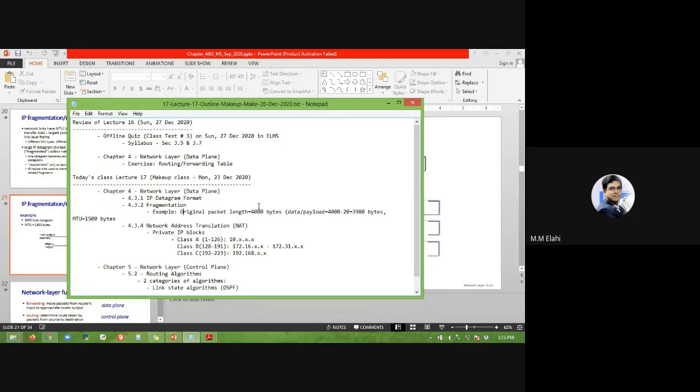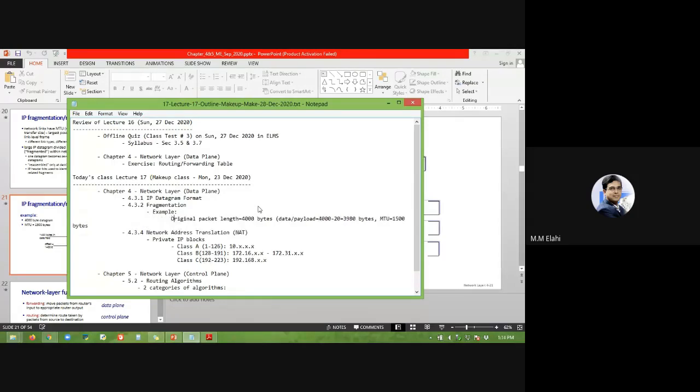Okay, let us do in this way. Now MTU is 1500 bytes. That means we can say data or payload per fragment, right?